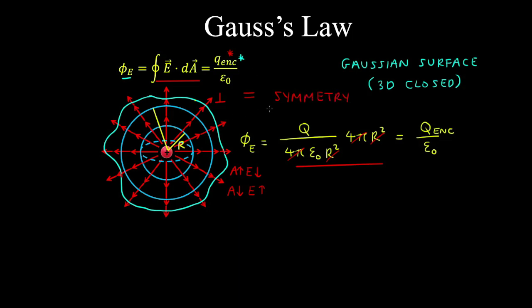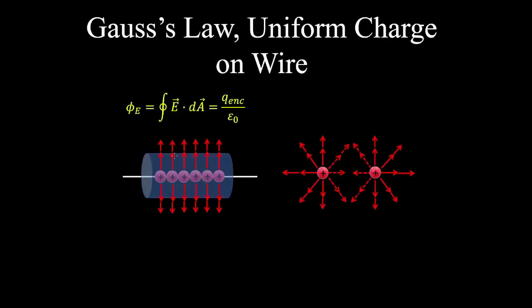And now we'll look at some example problems where we apply Gauss's law. Let's apply Gauss's law to determine the electric field due to a charge distribution on a wire. If we take our Gaussian surface away from the ends of the wire, we'll give it a length L and a radius of r.